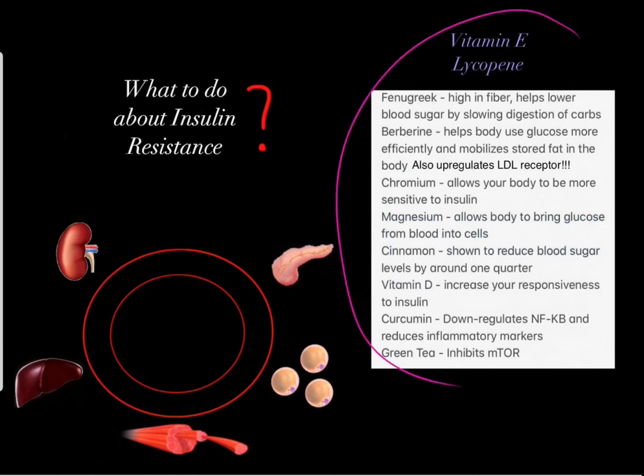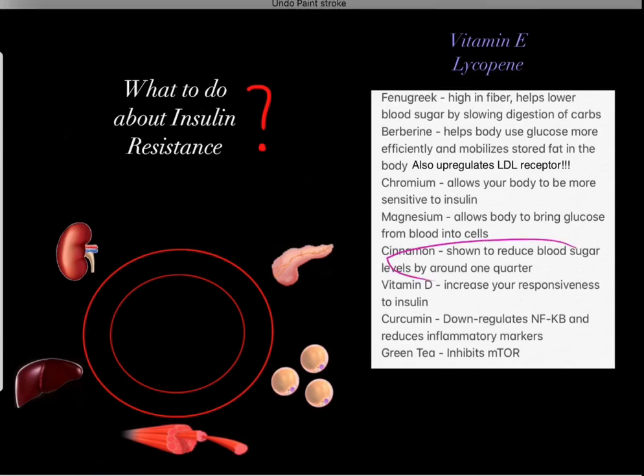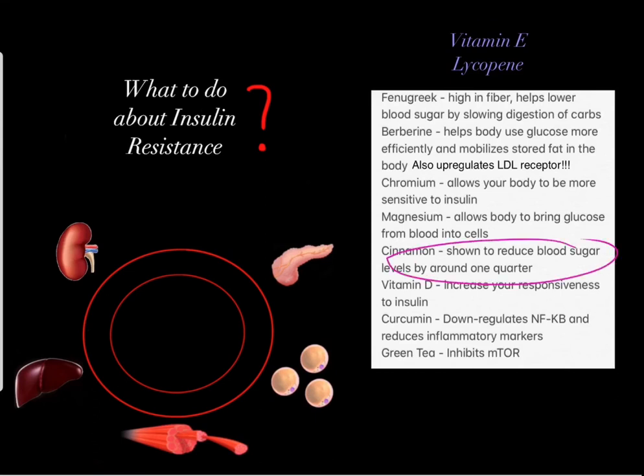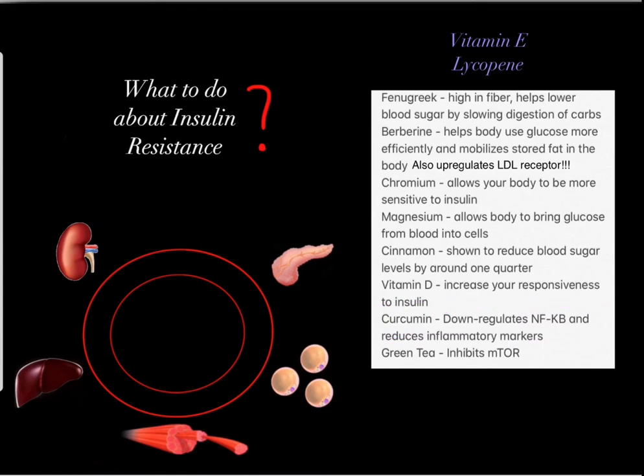Also, if you want to stay a little bit on the safer side, I very much like cinnamon. Cinnamon has been shown to reduce blood glucose levels by up to 1/4. I also like curcumin. Curcumin downregulates NF-kappa B, which is the key master regulator of inflammation. So curcumin can lower systemic inflammation.